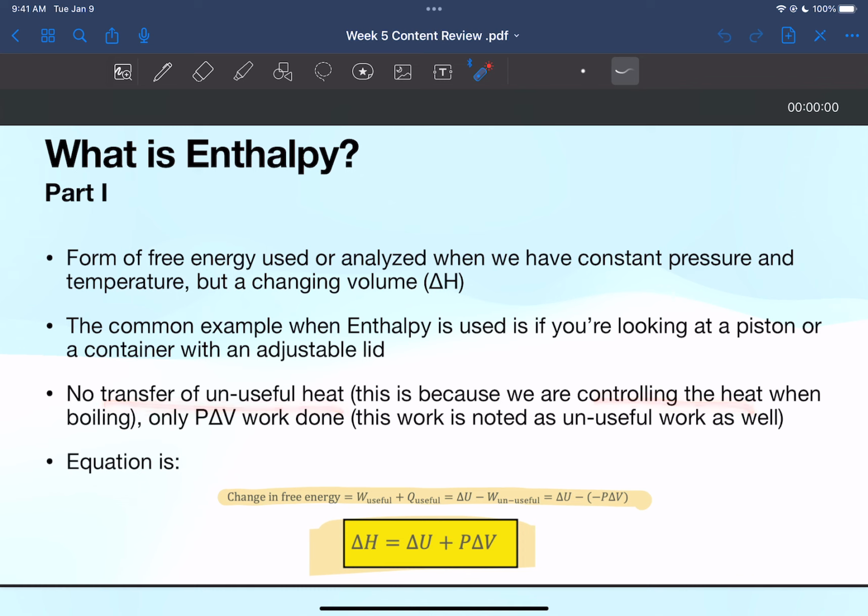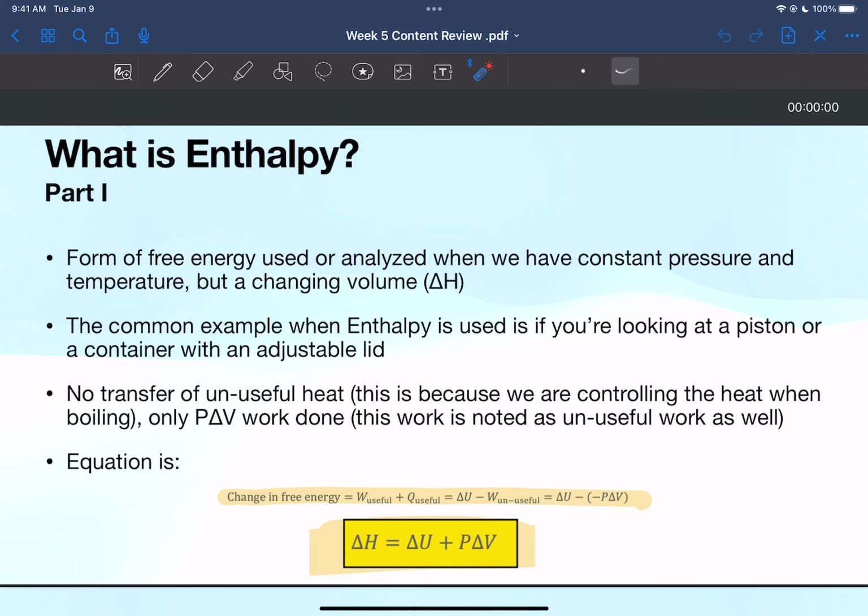And then in the case of enthalpy, only PV work, pressure volume work, is done. And this work, we note it as unuseful work as well, right? So for enthalpy, there's no unuseful heat, but the PV work, we define that as unuseful work.